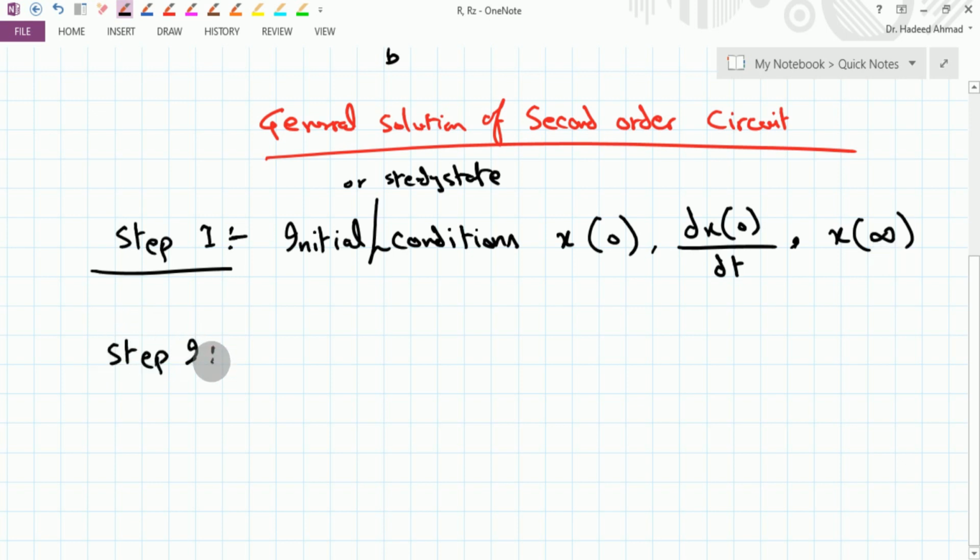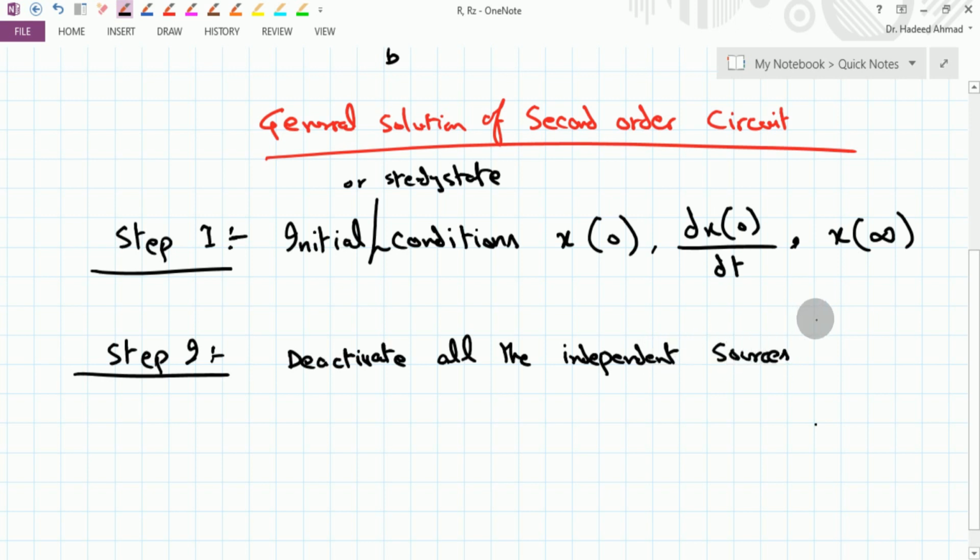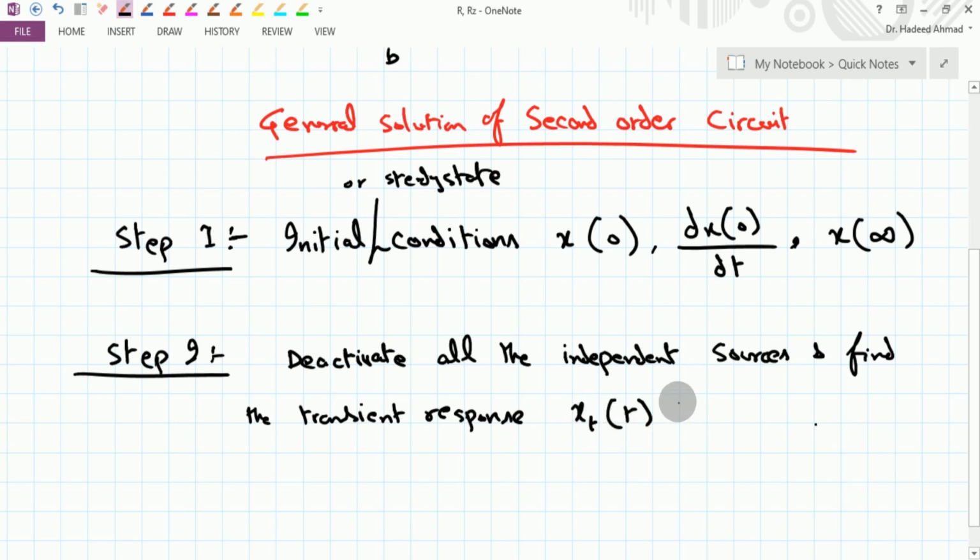In the second step, we deactivate all the independent sources and find the transient response, let us say this is x_t, by using Kirchhoff's laws.